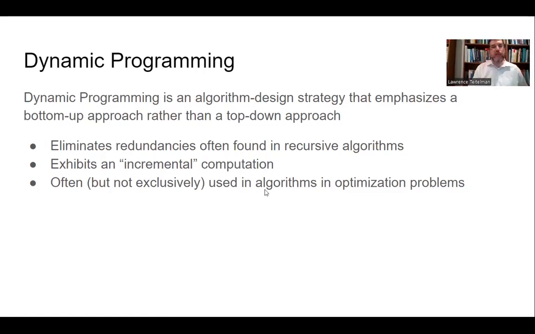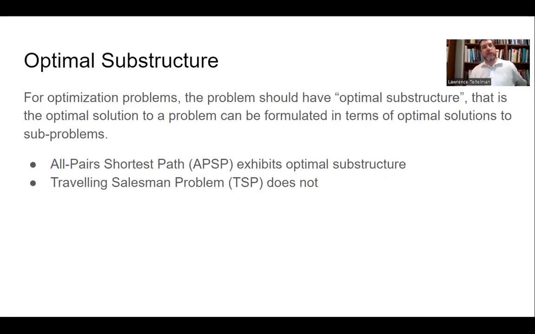Now, this assumes that the structure of the problem has what's called optimal substructure, where the bigger problem does depend on the solutions to the smaller problem. Sometimes the bigger problem becomes a different problem, and then dynamic programming is not going to work. An example of optimal substructure is the all pairs shortest path problem. That means I have a bunch of vertices or points or cities, and I want to know how to get from each city to every other city the fastest way.